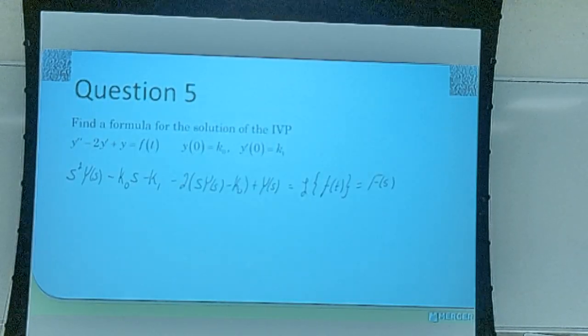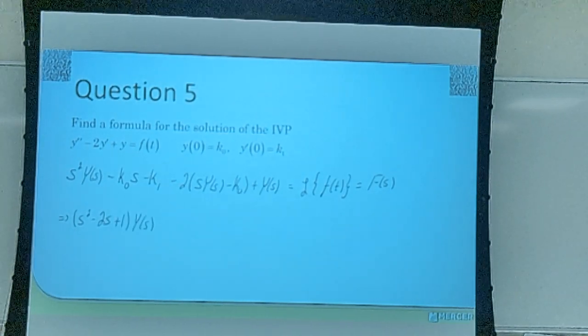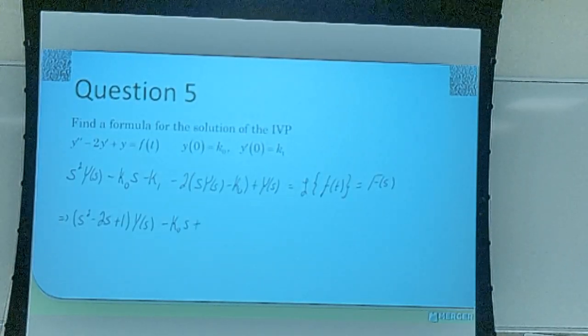We're just going to call the Laplace transform of f of t big F for simplicity. I'm going to have minus k naught of s plus 2k naught minus k1.